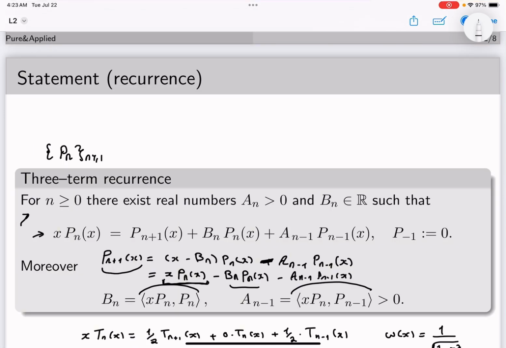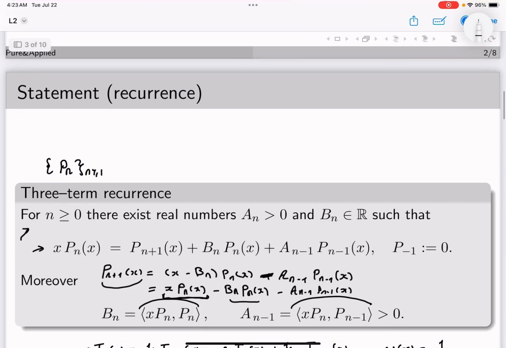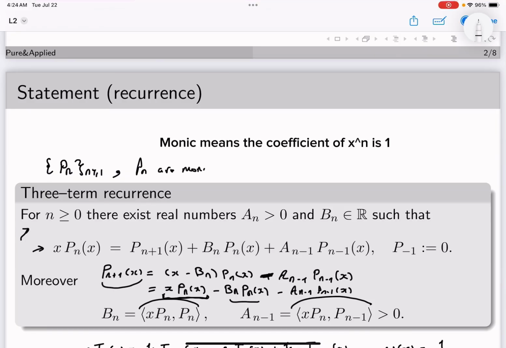And as I mentioned here, just to be fully correct, this is provable in the case when the pn's are monic and the norm of pn is 1.